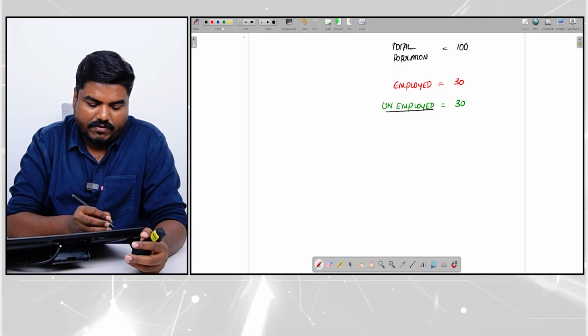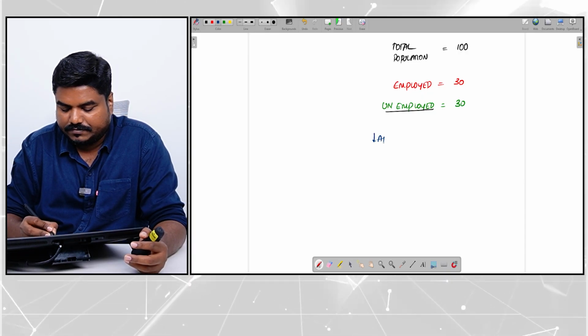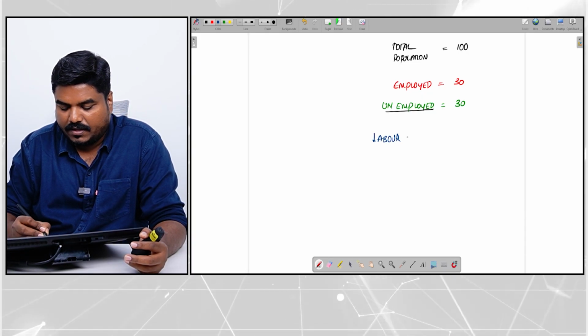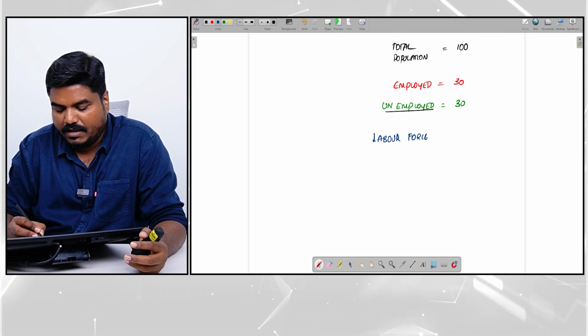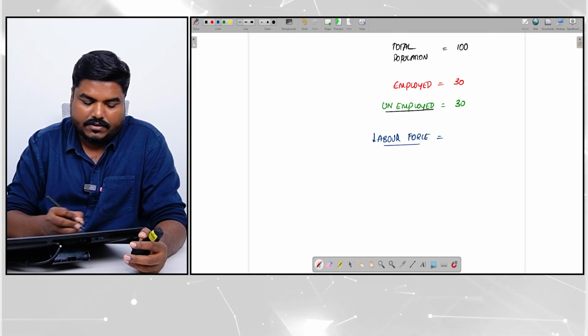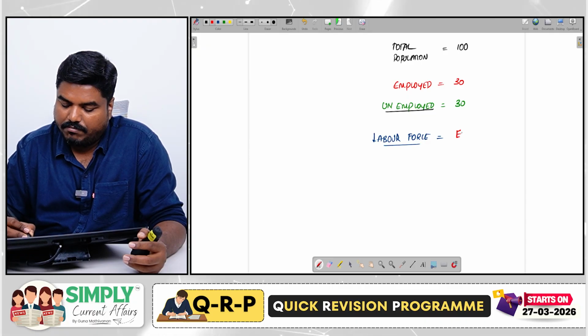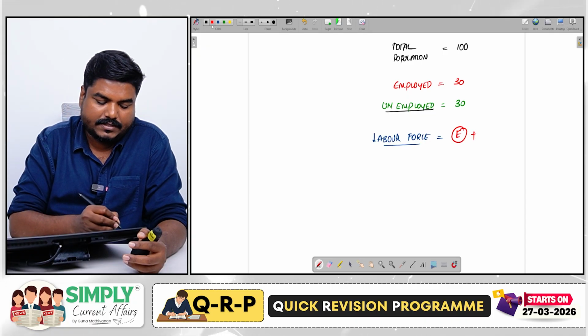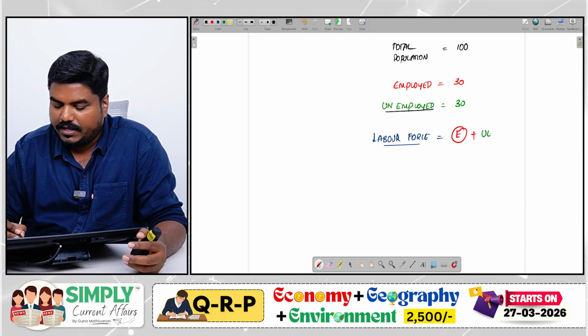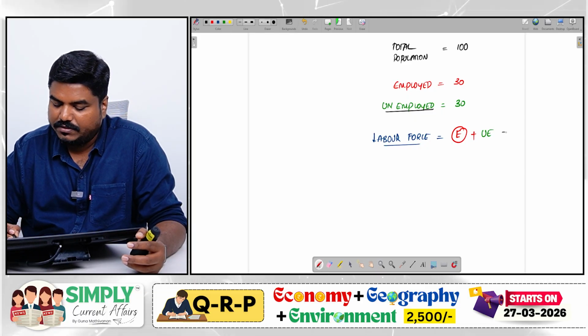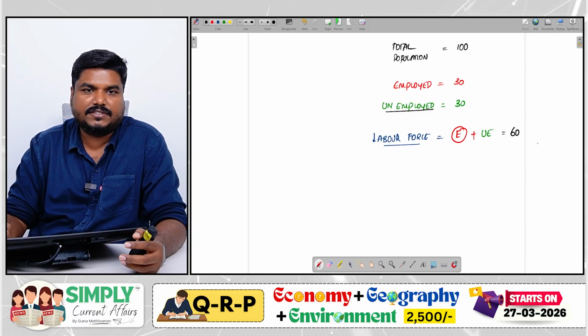Now, when I say labor force, that includes the employed plus the unemployed. In our example, that comes to 60.